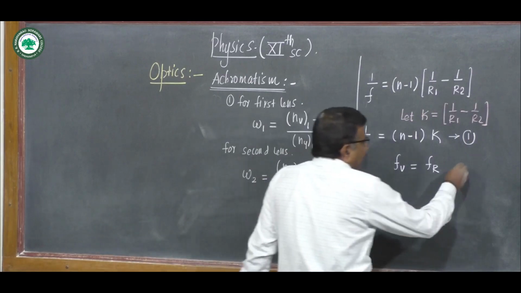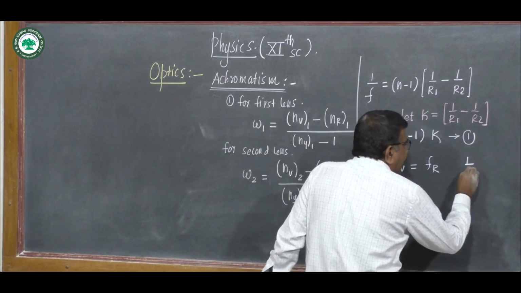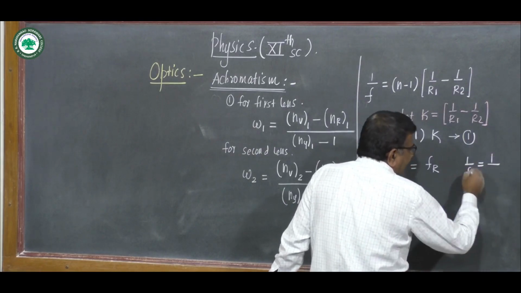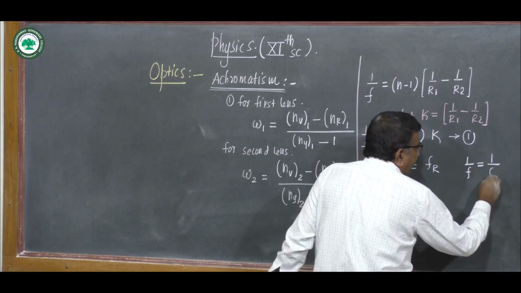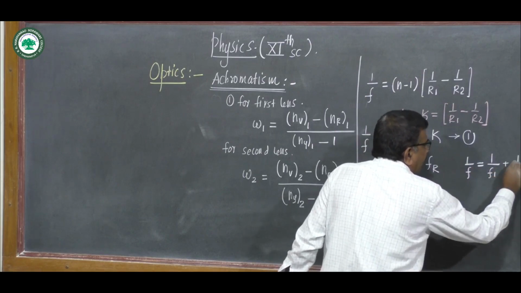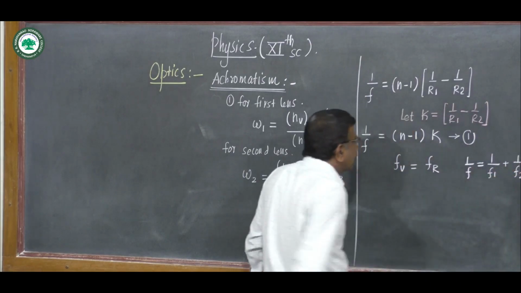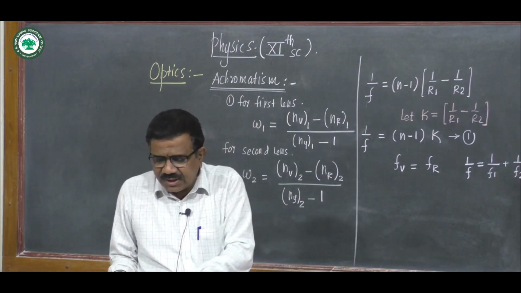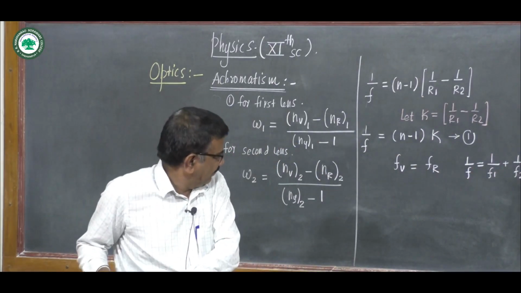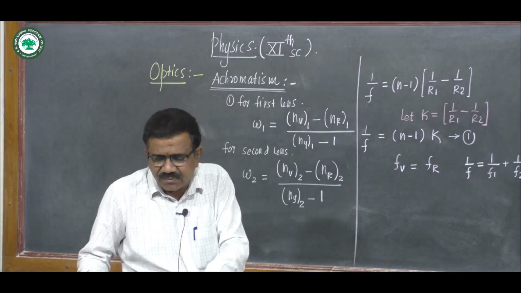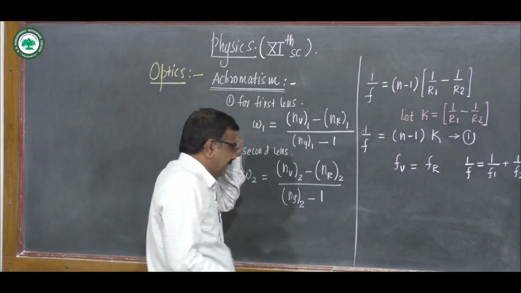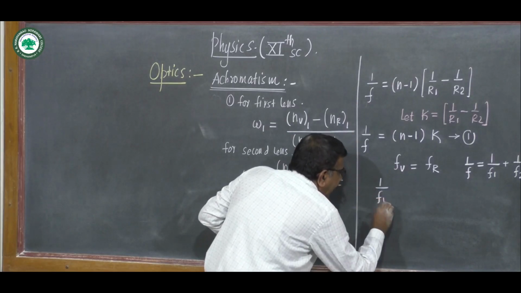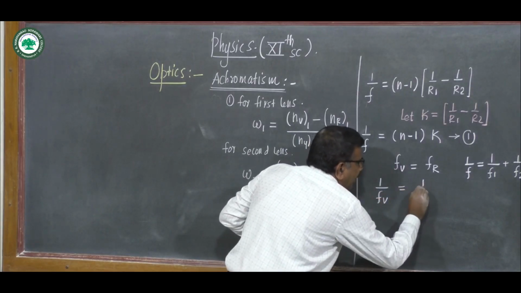But we know for the lenses in contact, combined focal length is 1 upon F is equal to 1 upon F1 plus 1 upon F2. If the lenses are in contact, we write 1 upon F is equal to 1 upon F1 plus 1 upon F2. As here FV is equal to FR, taking the reciprocal, we write it as 1 upon FV is also equal to 1 upon FR.